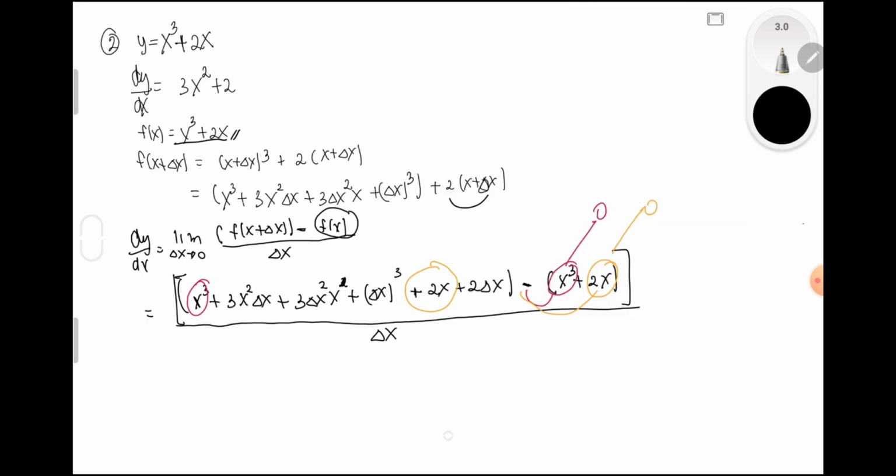Okay, so copying those terms that do not cancel out, we'll have a value equal to 3x squared delta x plus 3 delta x squared multiplied by x plus our delta x cubed plus 2 delta x, divided by delta x.